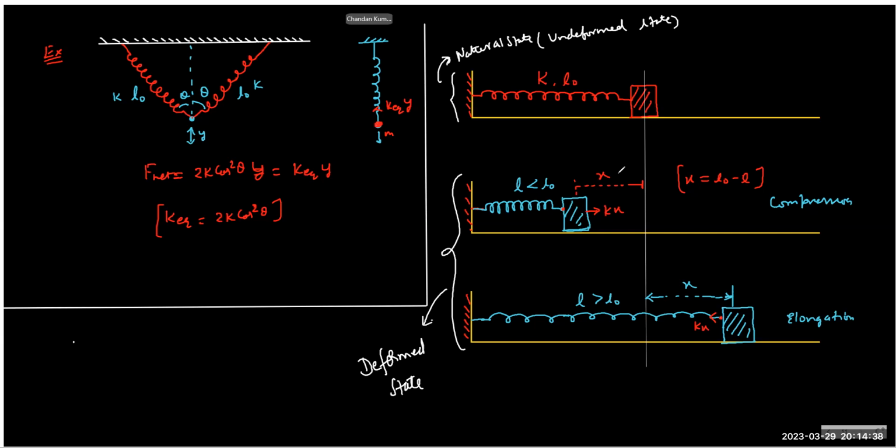Now, imagine the reverse process. You are here and you're going this way. So you're going from here to the natural state. What do you think? The spring will support or oppose? So when you go from deformed to natural, what to expect of the work done by spring force?